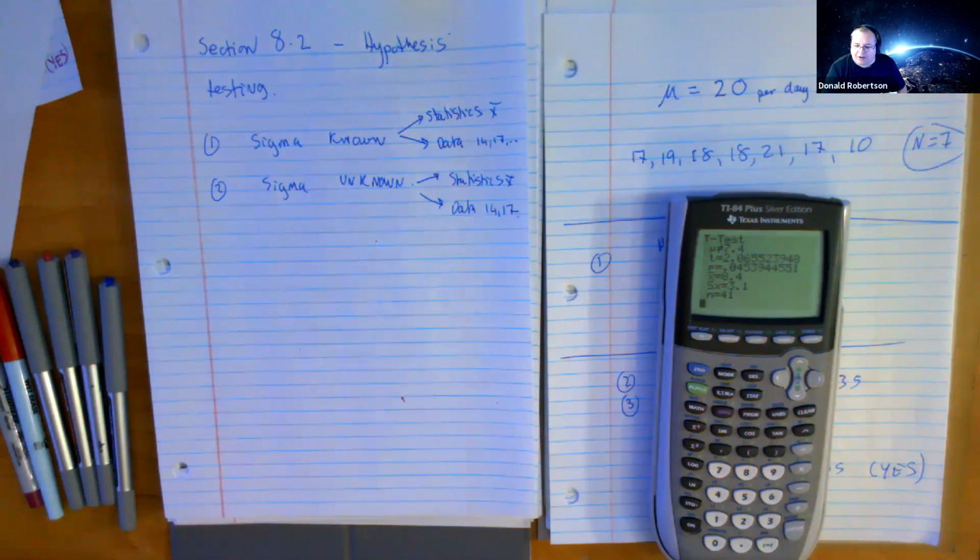Now, keep that p-value in your head, 0.045, because I'm going to have to leave here and show you how you're meant to write down your answers in the homework, because it doesn't quite write it the way I would, but that's fine.